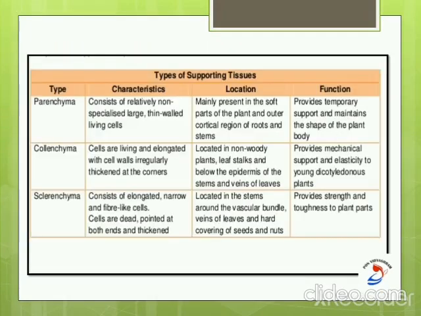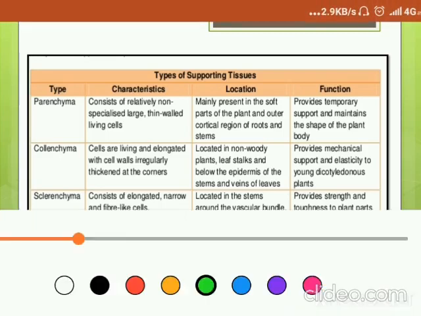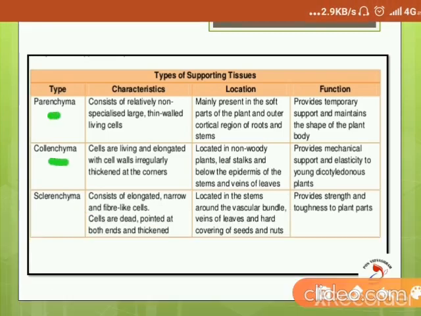Here I have given you the differences between the three types of simple permanent tissues: parenchyma, collenchyma and sclerenchyma. The parenchyma cells are very thin walled and they are living cells. I told you they are seen with more spaces; large intercellular spaces are seen between the cells.